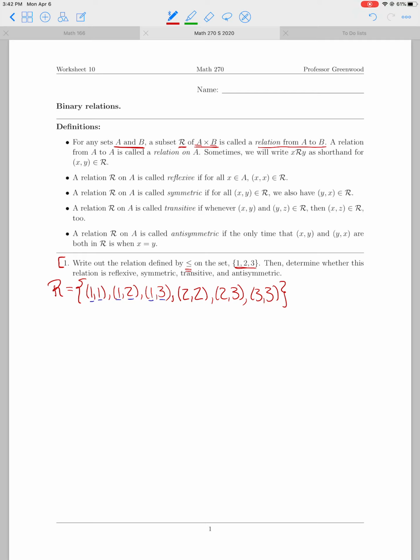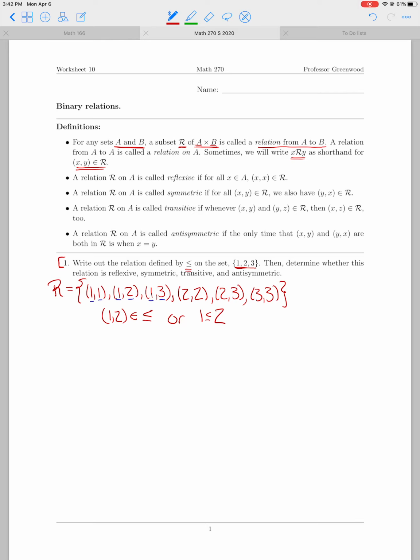Now that we have this, going back up to the definition, there's more than one way of writing things in a relation. One of them would be x R y. That's shorthand for saying that (x, y) is in the relation. Jumping back down to this first example, we could say either that (1, 2) is in the relation less than or equal to, or we could say that 1 is less than or equal to 2.